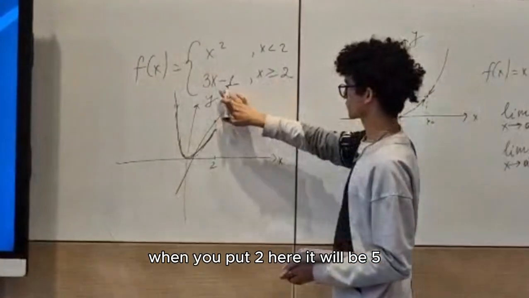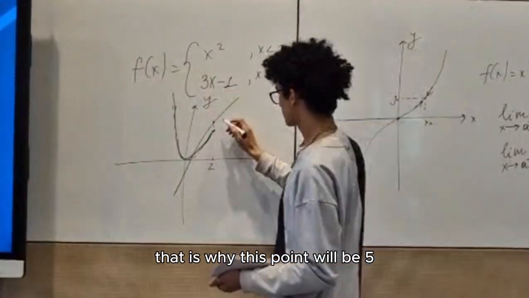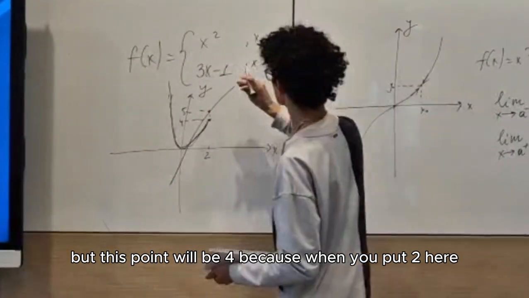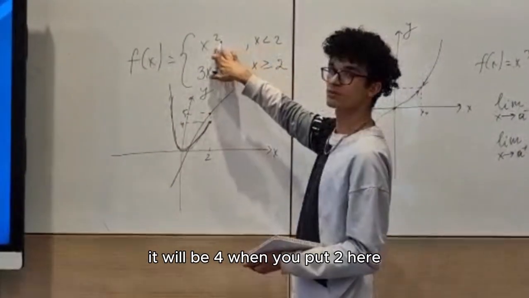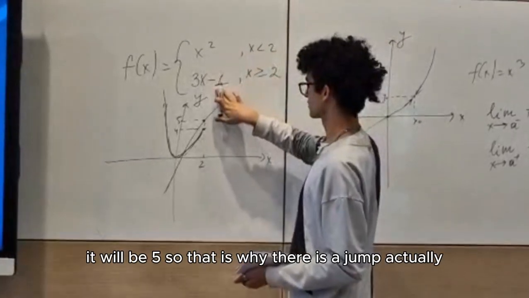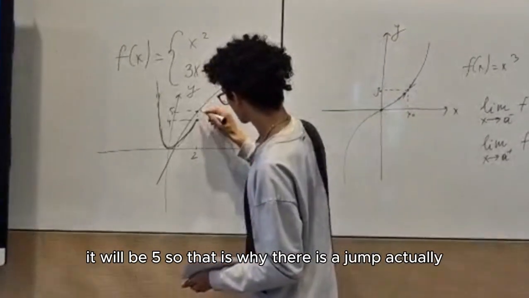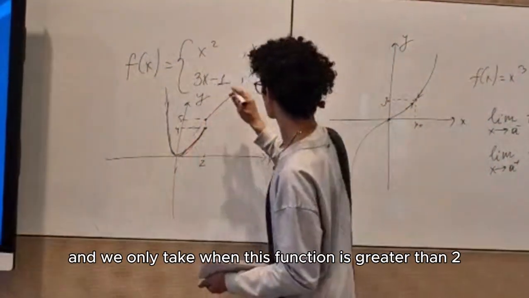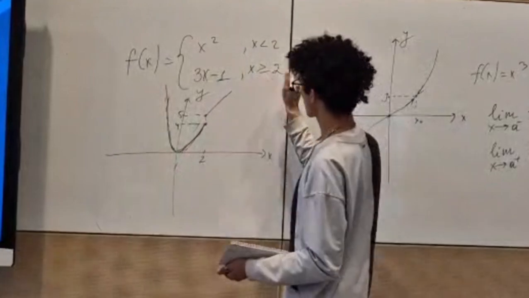When you put 2 here, it will be 5. That is why this point will be 5, but this point will be 4. Because when you put 2 here, it will be 4. When you put 2 here, it will be 5. So that is why there is a jump actually, and we only take when x is greater than 2 and more.